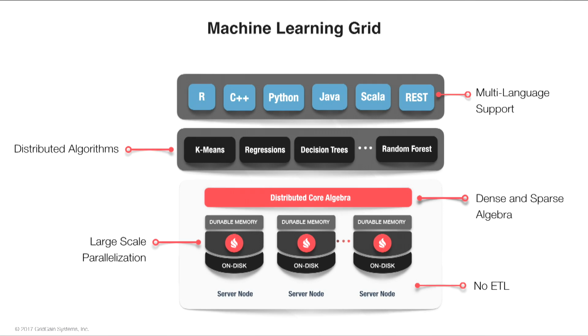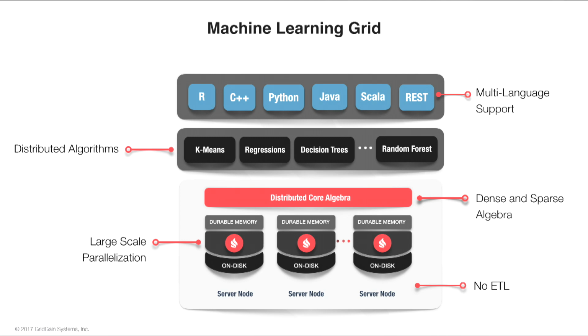This machine learning component is natively integrated with the overall architecture of Ignite. And a gateway here is the distributed core algebra module. So that was the first thing that was developed and released by the community.